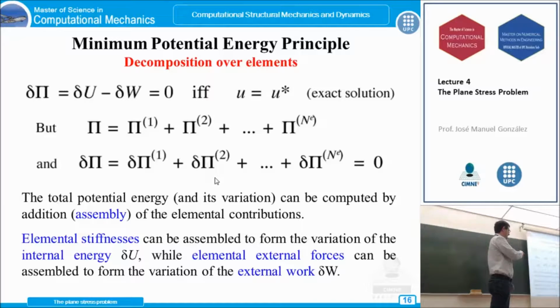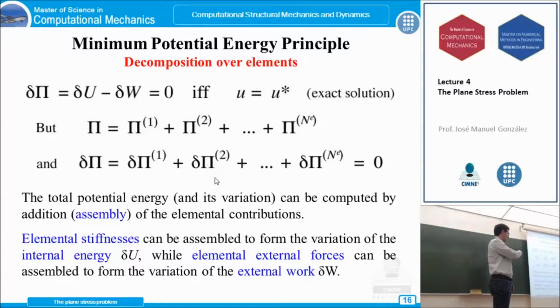And again, this variation of this total potential energy, taking into account that this potential could be expressed as an addition of the total potential energy from any of these discretized elements, from 1 to n super e, number of discrete elements.